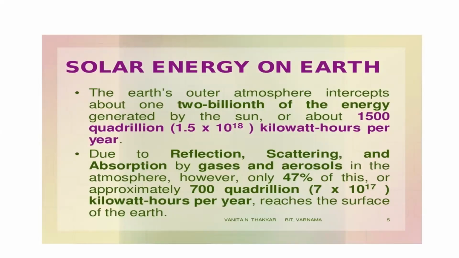So here we are going into the data, or we call it the statistics of this. The Earth's outer surface intercepts about 2 millionth of the energy generated by the sun, or about 1500 quadrillion. So here you can check these numbers. Why we are giving these numbers is that in the first unit also you can get impacted the same way.